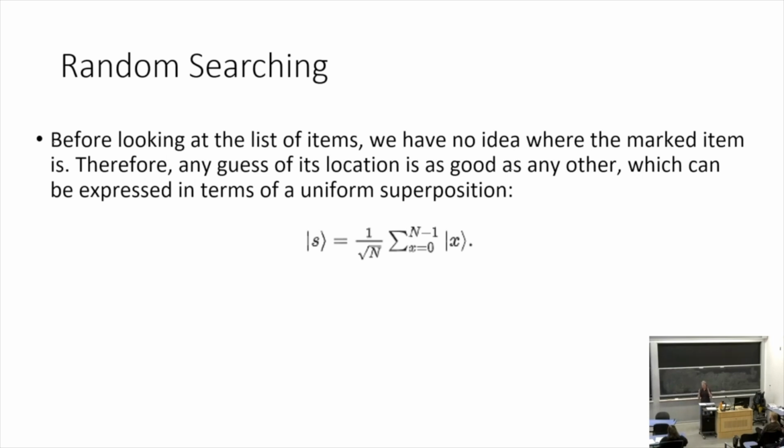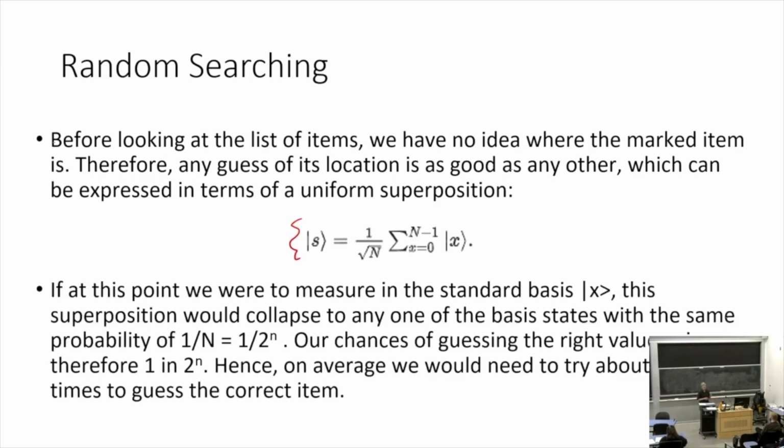If at this point we were to measure in the standard basis x, this superposition would collapse to any one of the basis states with the same probability. And that probability is 1 over 2 to the number of qubits. Our chances of guessing the right value is therefore 1 in 2 to the number of qubits. So on average, we would need to try about 2 to the n times to guess the correct item. And that's no good.